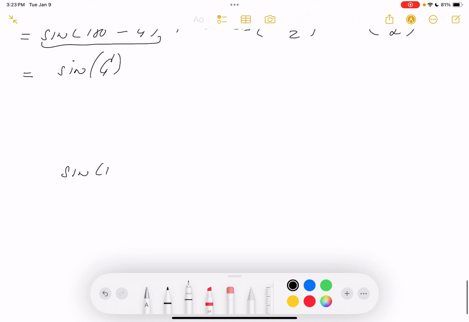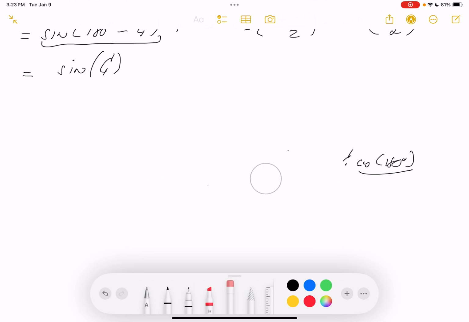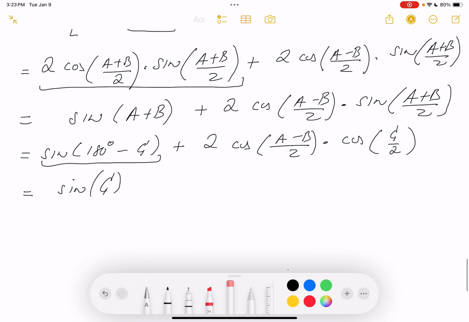I will erase it once I'm done verifying it. What do you get there? Sine of 180 cosine C minus the sine C cosine 180 degrees. What happens over here? The sine of 180 degrees is 0, so this cancels off. The cosine of 180 degrees is minus 1, so you do get sine of C. That works out beautifully. I got that part.